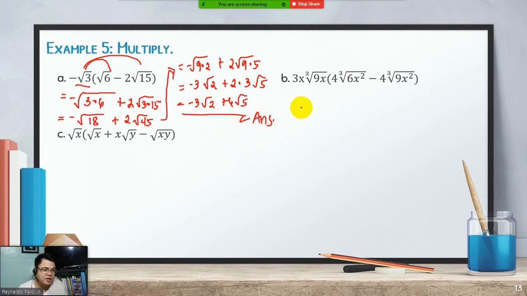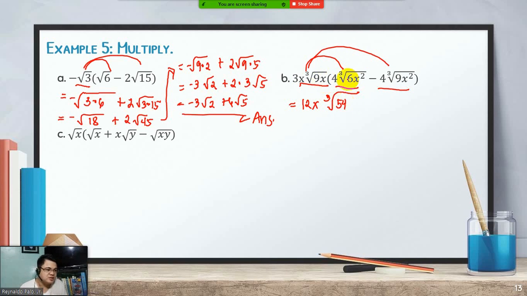Next, letter B, we have 3x cube root of 9x, the monomial, times 4 cube root of 6x squared minus 4 cube root of 9x squared. So we will just be distributing. So 3x times 4 is 12x. Then cube root of 9 times 6, we just need to multiply 9 times 6, we will be getting 54.